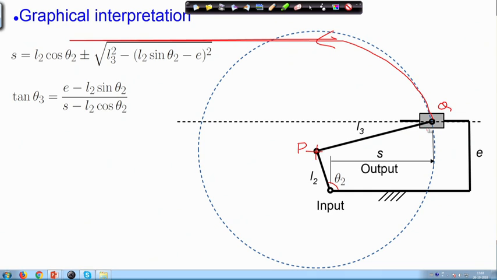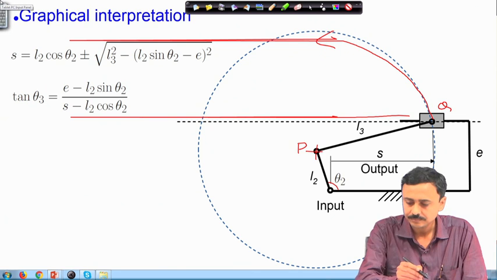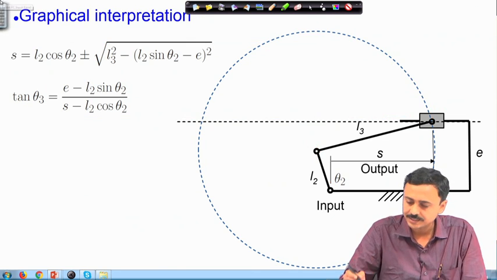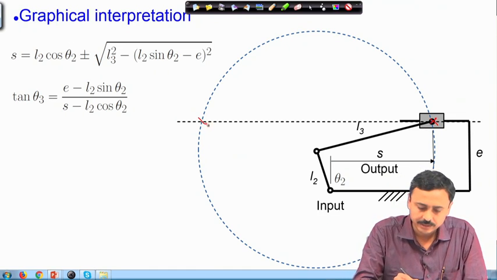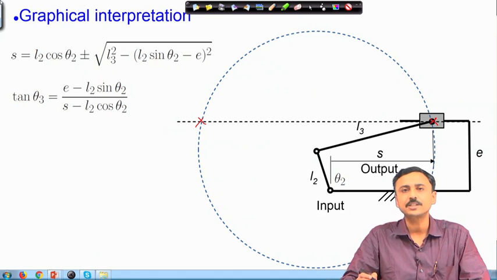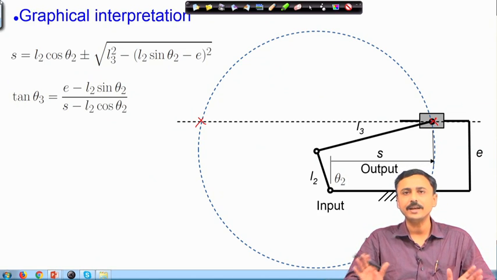Q as a part of this link L3 can move on the large circle, whereas Q as a point on the slider can move on this straight line. Therefore, the intersection points of this circle and the straight line, one is here, the other is here. These intersection points are points where I can assemble a mechanism.